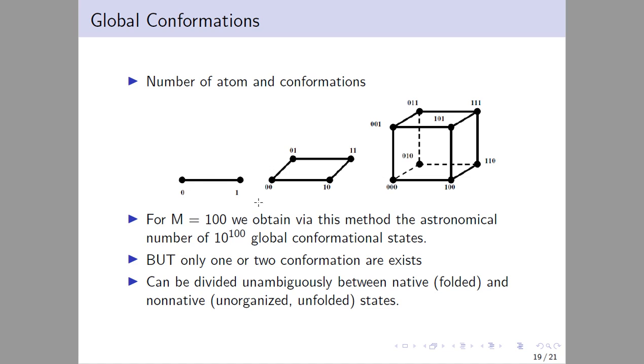Walaupun kita ada kata 1 juta, 2 juta conformation, tapi that is active and inactive, we only have 2 conformations, A and B. So we can model it as A or B. So native, you can see native folded, or non-native unorganized or unfolded state.